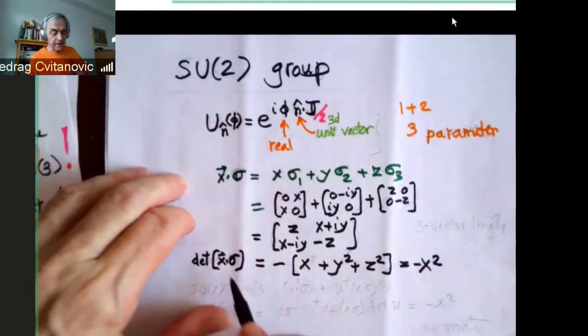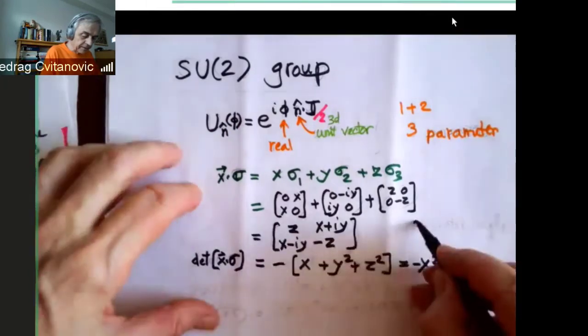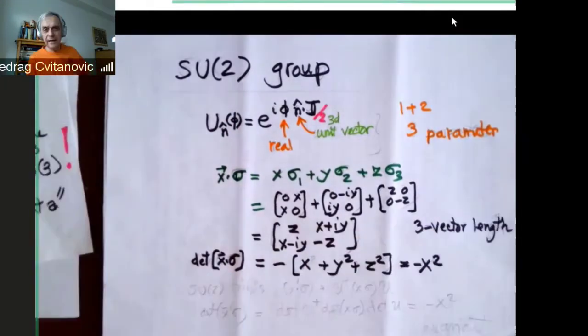has the role of measuring the three-vector length. In 3 dimensions, SO(3) is preserving the sum of squares, x squared plus y squared plus z squared, because it preserves length. That's how it's defined. SU(2) doesn't seem to have anything to do with that.